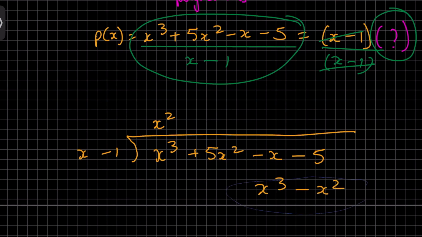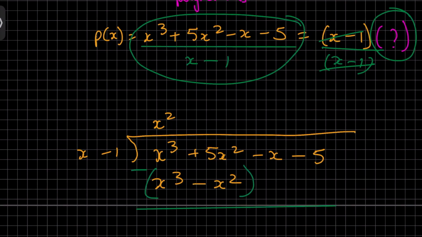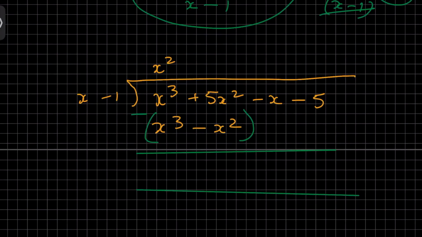This term is what we are going to be subtracting from our original equation to determine our new equation that we're going to work with for the next term. So x to the power of 3 minus x to the power of 3 is just 0.